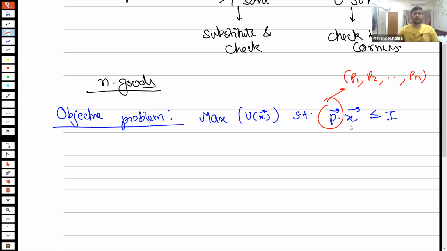And the x vector is x1, x2, x3, and so on. So p dot x is nothing but p1 x1 plus p2 x2 plus so on till pn xn.